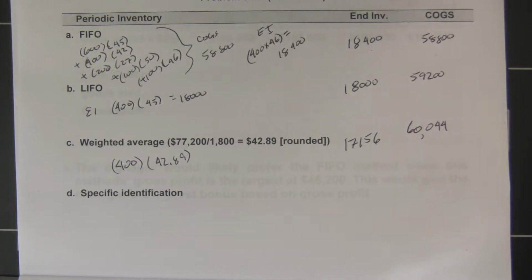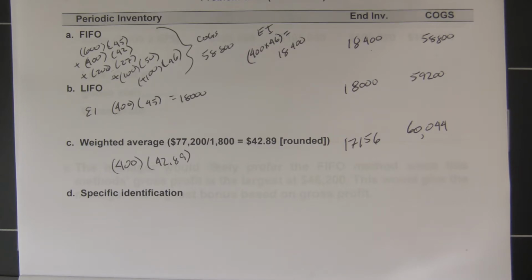Now, specific identification, this depends on giving you additional information. For specific identification, you have to take a look at the units that were sold and purchased, okay? So, under specific identification, we sold 100 units at $42.